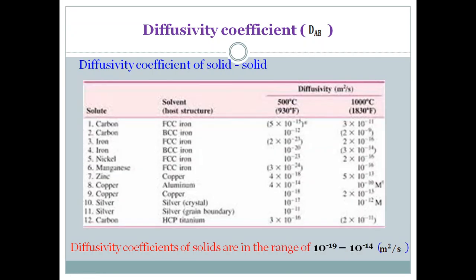Now the diffusivity coefficient for solids, for example carbon in FCC iron: generally the diffusivity coefficients of solids are in the range of 10 to the power minus 19 to 10 to the power minus 34.